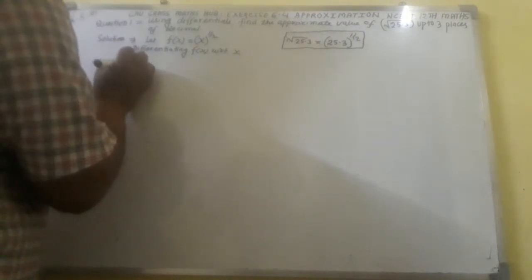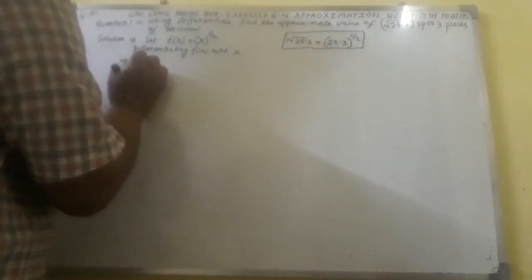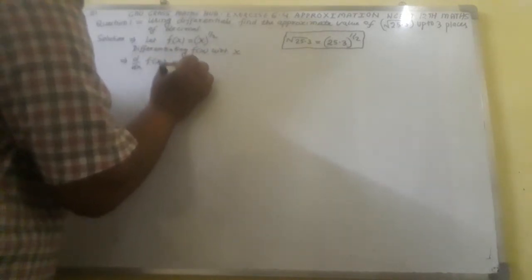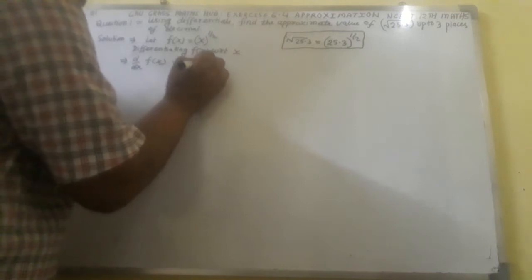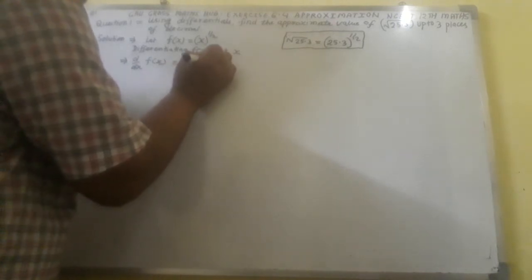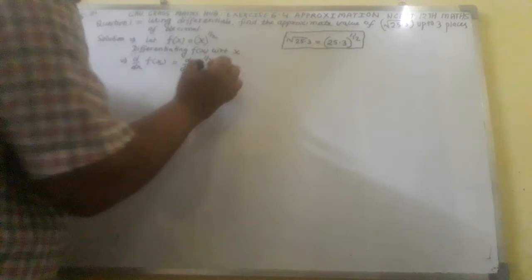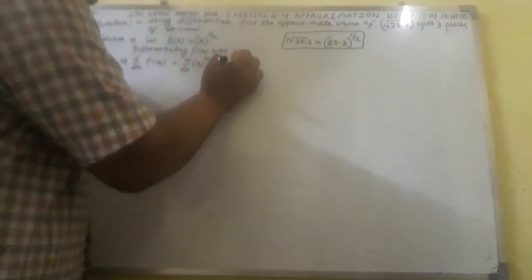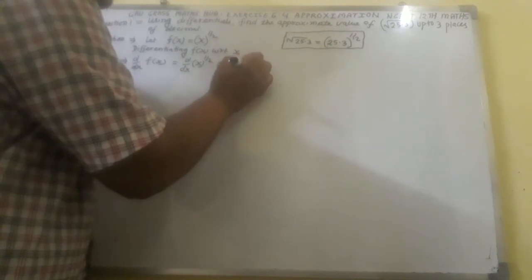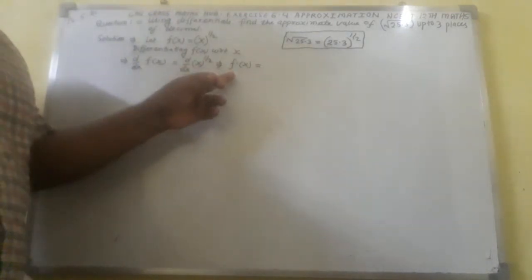So here we shall get d over dx of f of x comes out to be d over dx of x raised to the power 1 over 2, implied that d over dx of f of x equal to f dash of x.